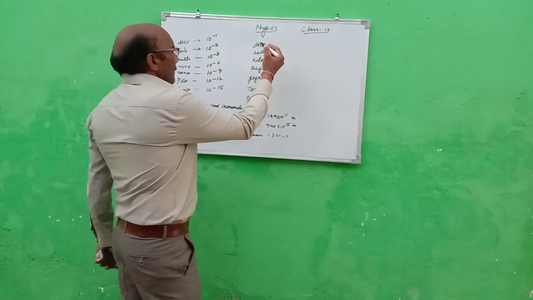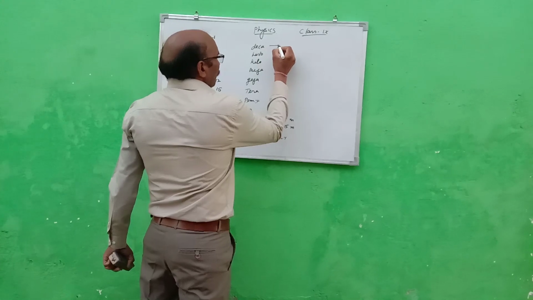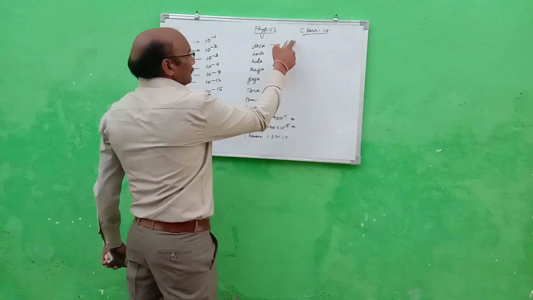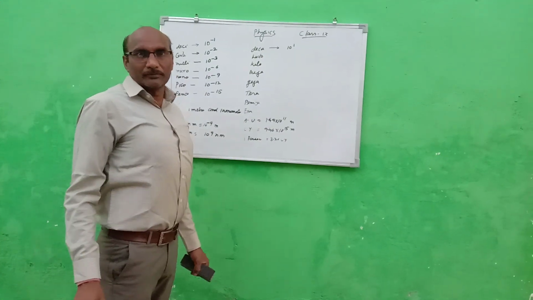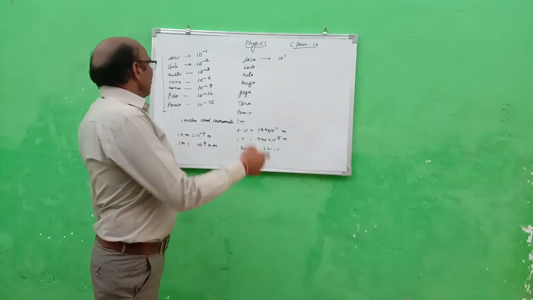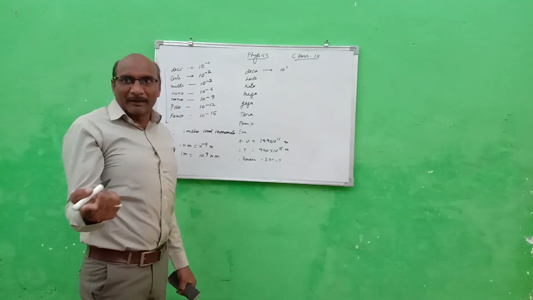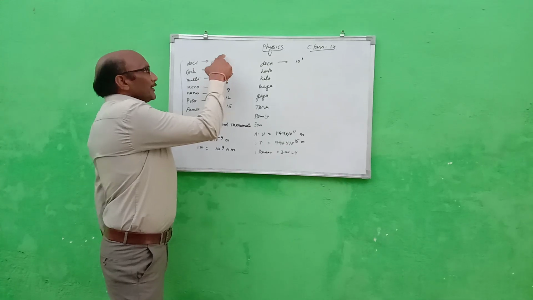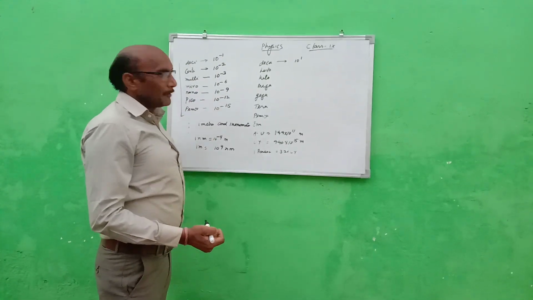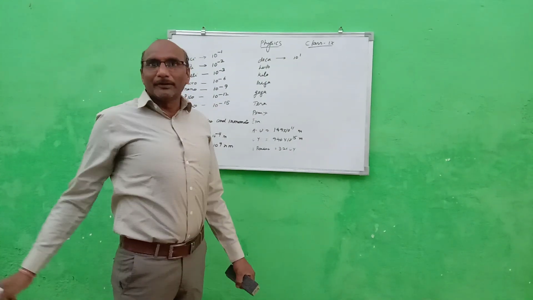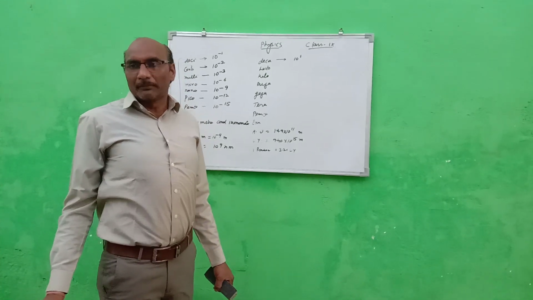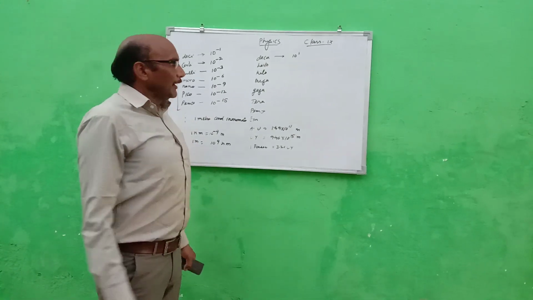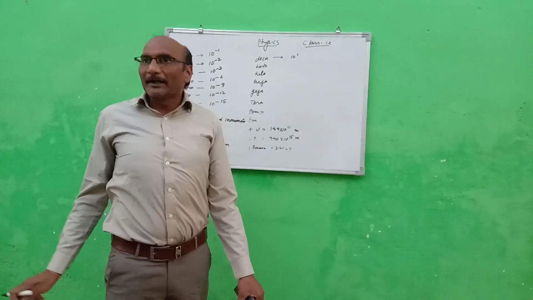So 1 decameter or 1 deca equals 10 raised to the power 1. This is -1, this is +1. Don't confuse. I am discussing the meter. 1 decimeter equals 10 raised to the power -1 meter, and 1 decameter equals 10 raised to the power 1 meter. Means 1 decimeter equals 1 upon 10 meter, and 1 decameter equals 10 meter.